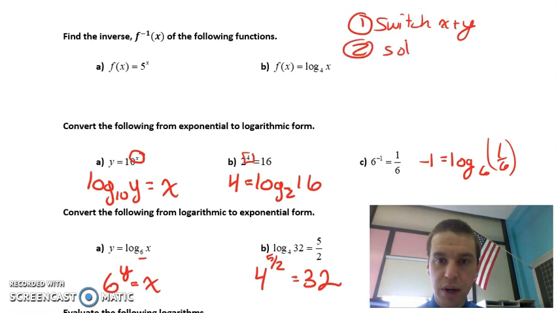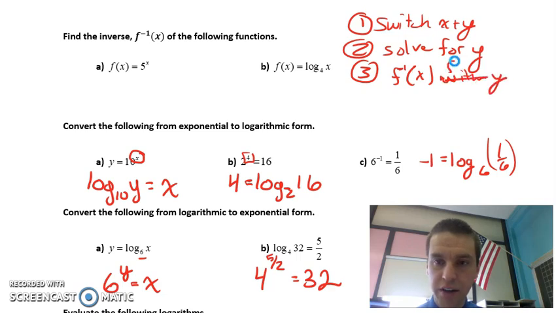2, solve for y. And then 3, we have to make sure that we replace f inverse of x with y. Or 4y, sorry, 4y. So we have x equals 5 to the y.